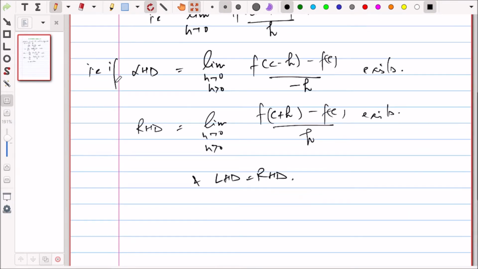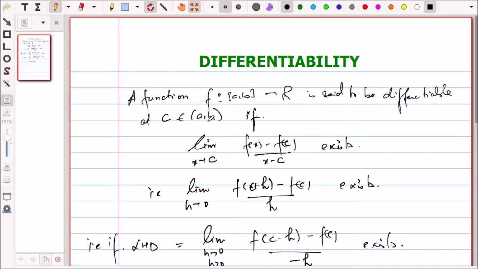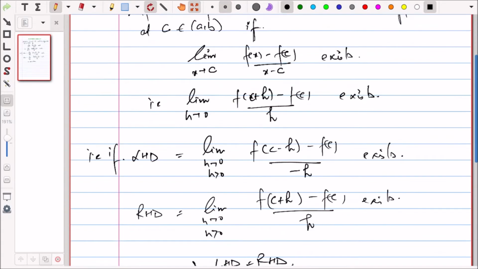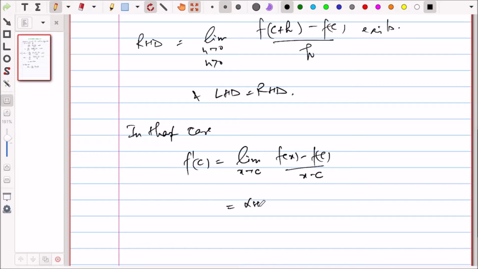That is, if LHD exists, RHD exists, and LHD is equal to RHD, then we say that this function is differentiable at c, and in that case f dash c is equal to limit x tends to c of (f(x) minus f(c)) upon (x minus c), which is equal to the common value of LHD and RHD. Whatever the common value is, that is the derivative of the function at point c.